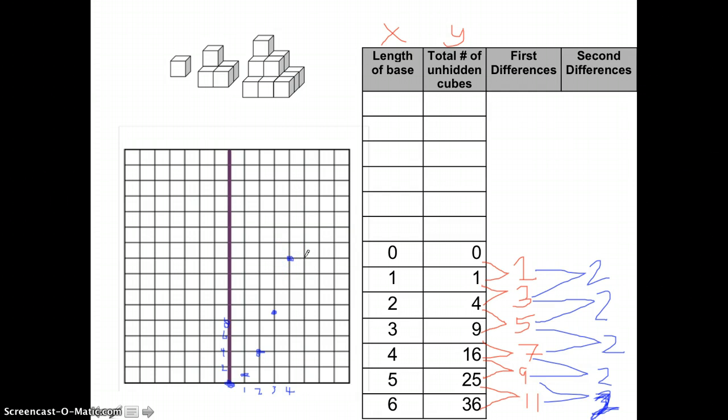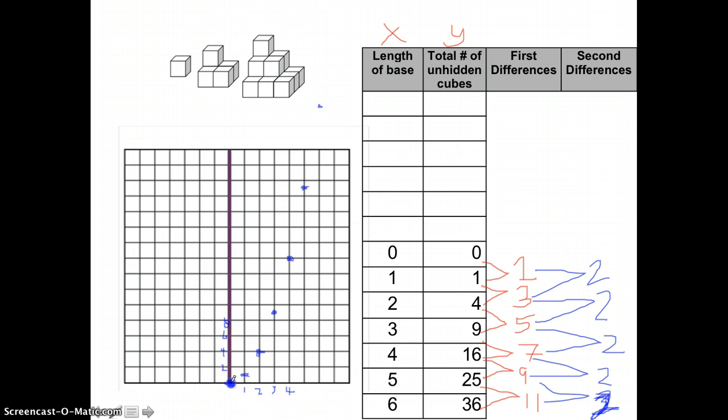Next would be 5 with 25, so 16, 18, 20, 22, 24, 26, so halfway would be 25. And then 36, so this is 26, 28, 30, 32-ish, 34, 36-ish. So we know 36-ish would be about up here.